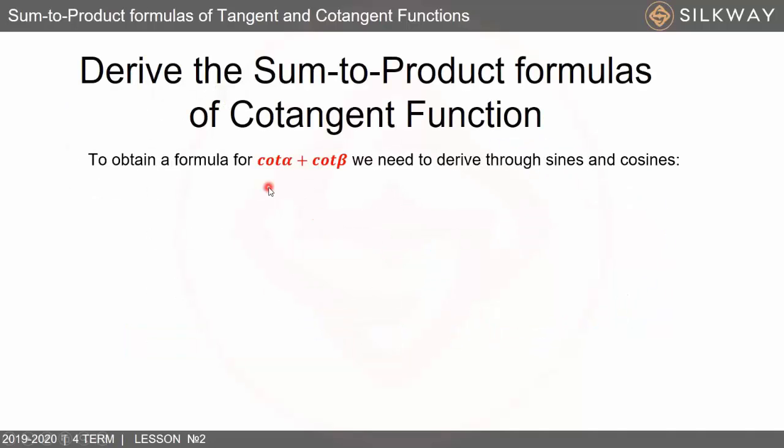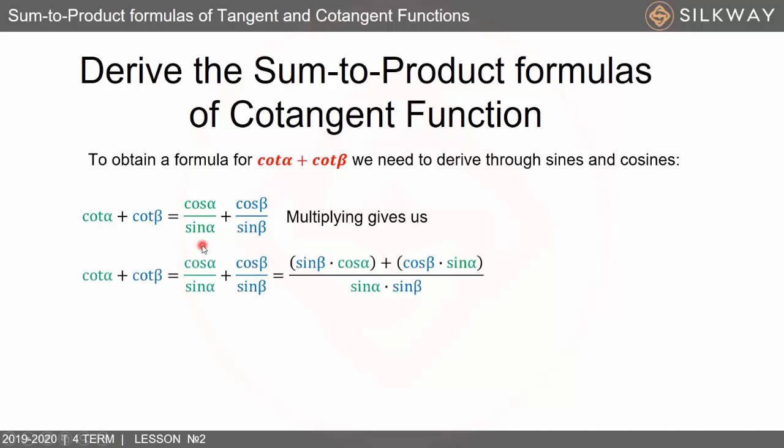To obtain a formula for cotangent alpha plus cotangent beta, we need to derive it through sines and cosines. We know that cotangent alpha is cosine divided by sine, yeah? And then we give a common denominator, and we will have sine beta multiplied by cosine alpha plus cosine beta multiplied by sine alpha.